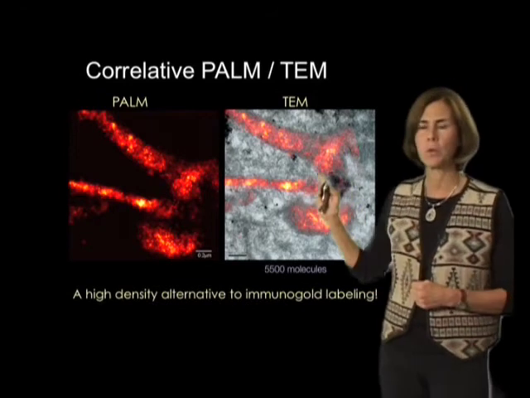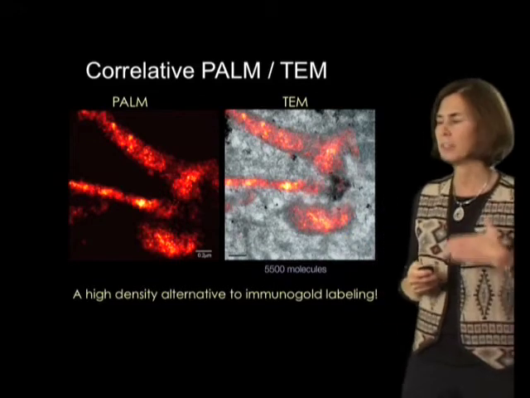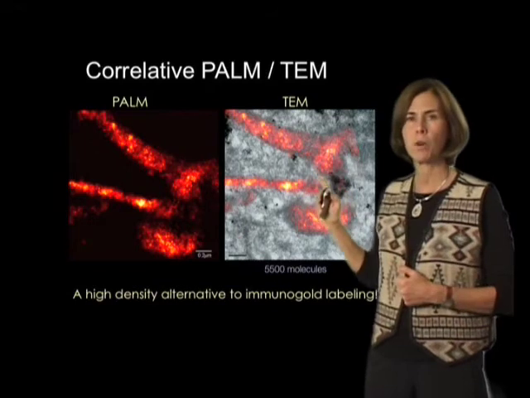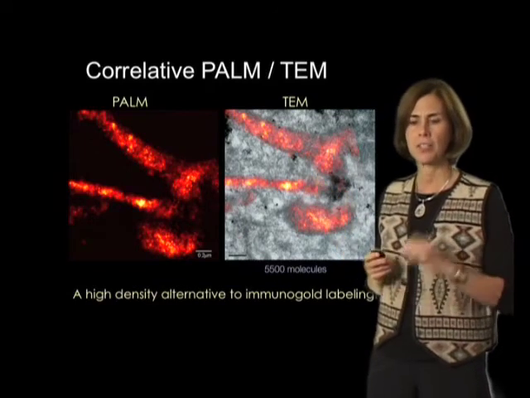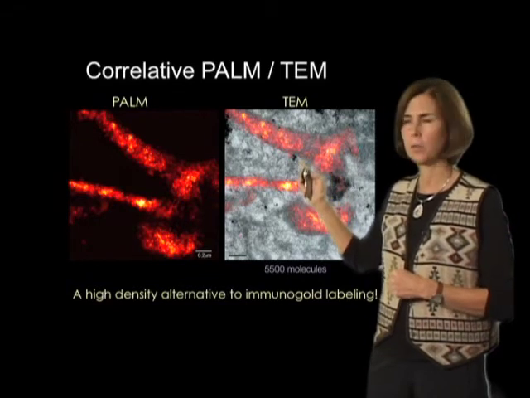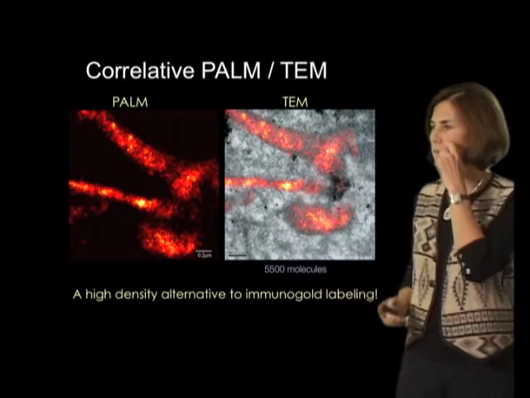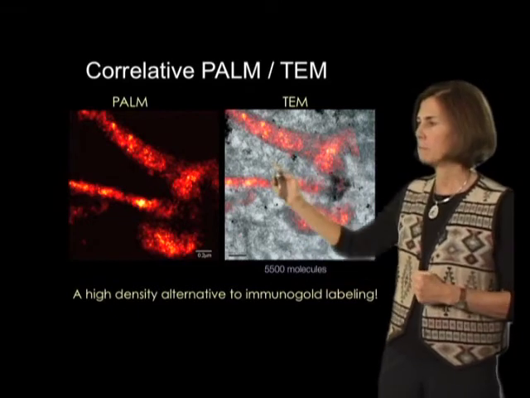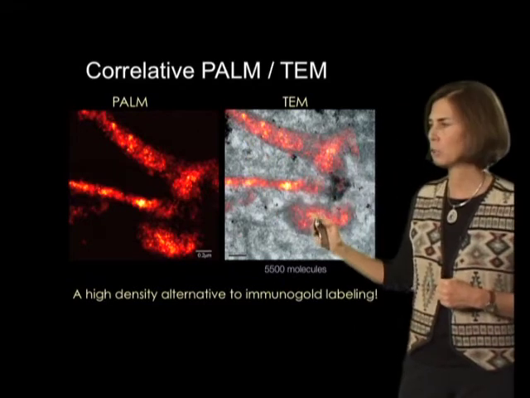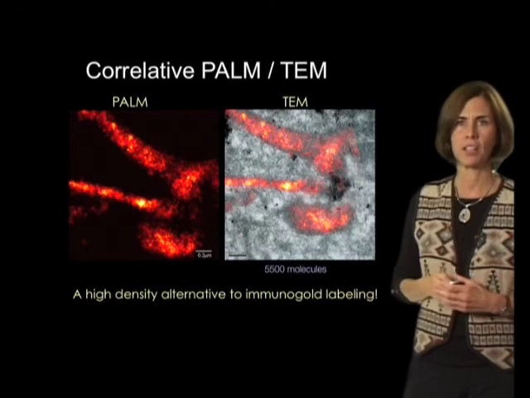What this gives you is a high-density alternative to conventional immunogold labeling approaches, which in a specimen like this, where you're using antibodies tagged with immunogold, would give you maybe 10 or 20 gold particles to define the distribution of your protein. Here we're looking at 5,500 GFP, the photoactivatable fluorescent protein tags molecules that have been resolved using the PALM technology.